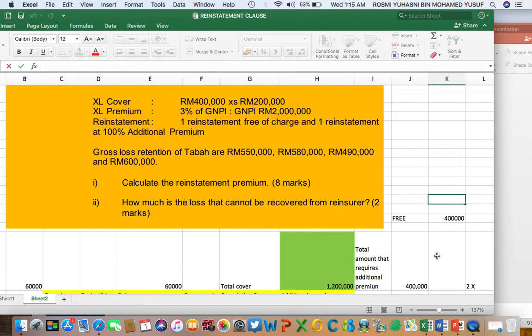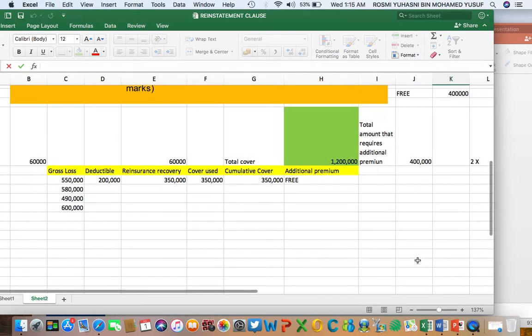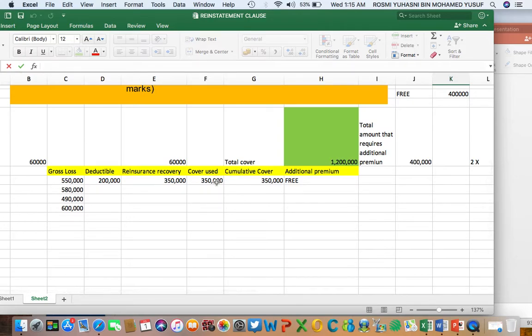But after that, for the next 400,000, they have to pay additional premium. Here, the insurer has reinstated up to 350,000. So the first 400,000 is free, and there is a balance of 50,000 for which the insurer doesn't have to pay any additional premium. So for the first claim here, no additional premium is charged because it is free.